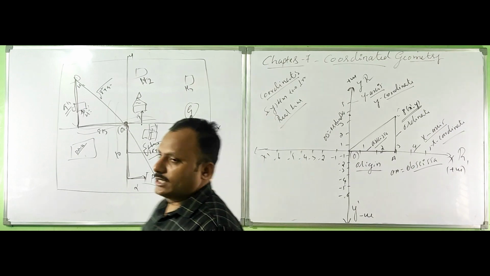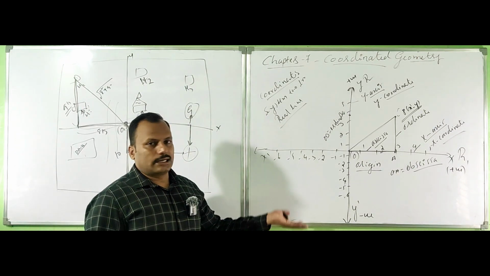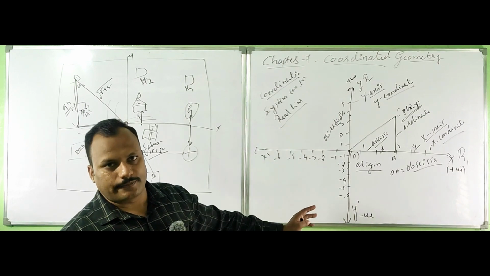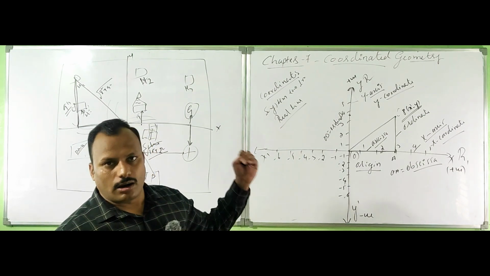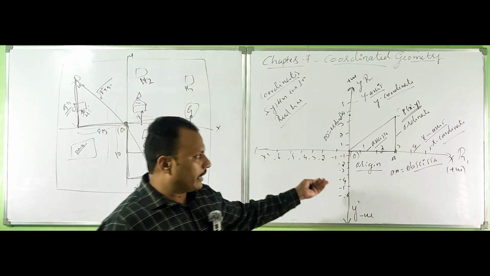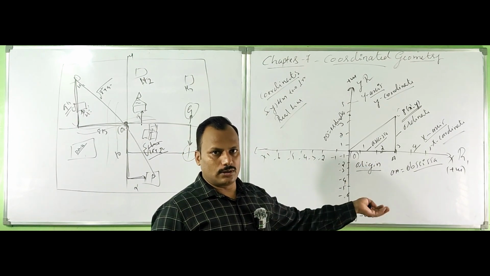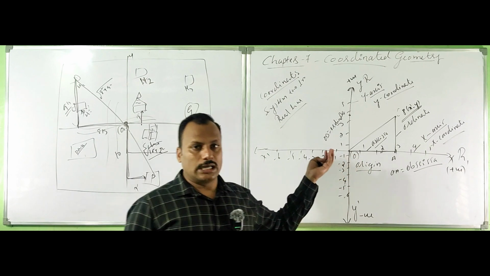Why? Because these are perpendicular real number lines. On real lines you have all values: negative integers, positive integers, 0, rational numbers, whole numbers, natural numbers, even irrational numbers.